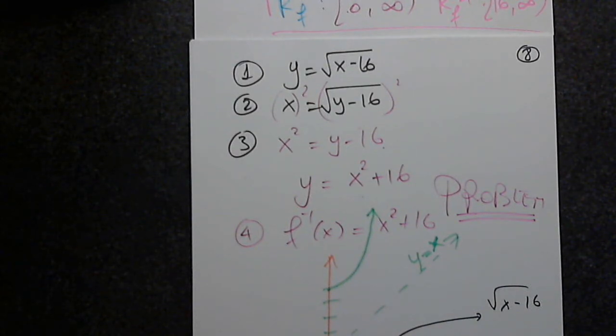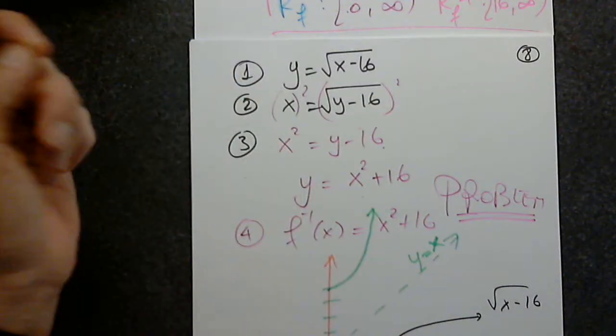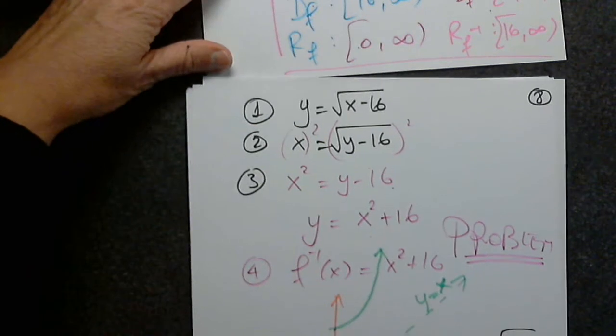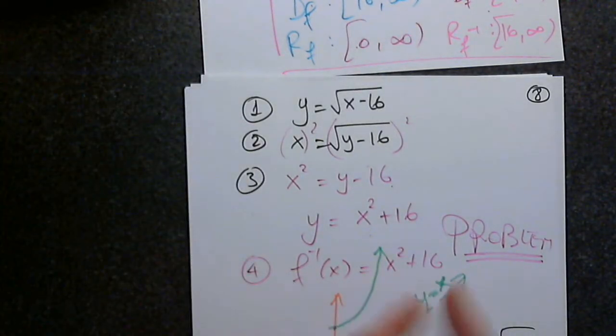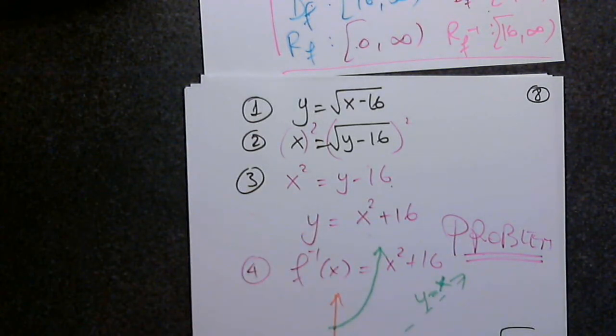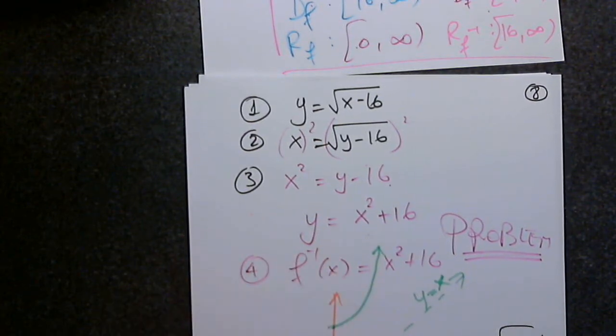So careful. The story here is that even a quadratic function can be turned into one-to-one as long as we truncate the domain. We chopped it off. This part is gone.